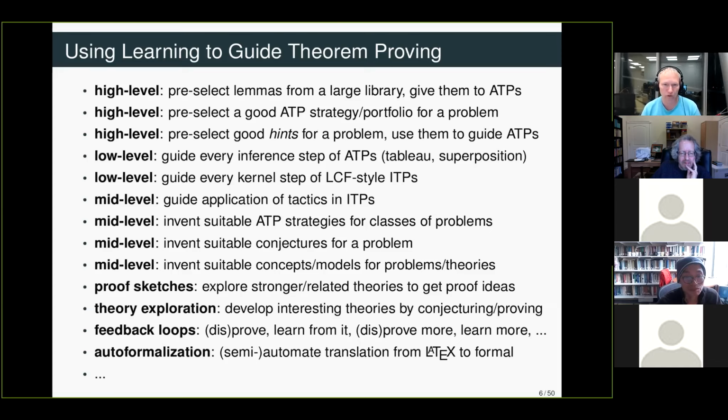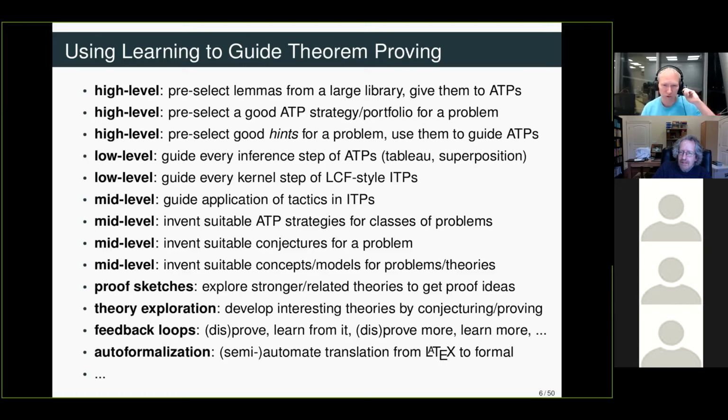You can also, on this very high level, use machine learning to decide which automated theorem proving strategy or automated theorem prover to use, or which portfolio of strategies. People have done machine learning for that sort of thing too. You can also select something called hints, which is a very good weapon for solving some especially algebraic problems by automated theorem provers.